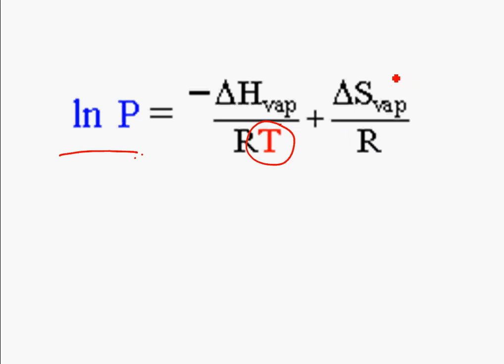Now again, entropy of vaporization is a constant, R is a constant, enthalpy of vaporization is a constant.